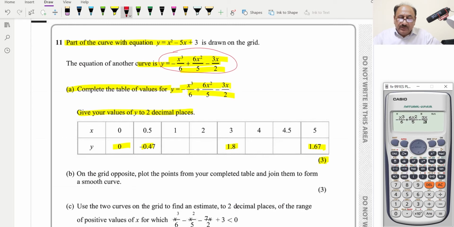So after typing this equation, we will calculate for different values. We can check for 0. This button, calculate, we have pressed.